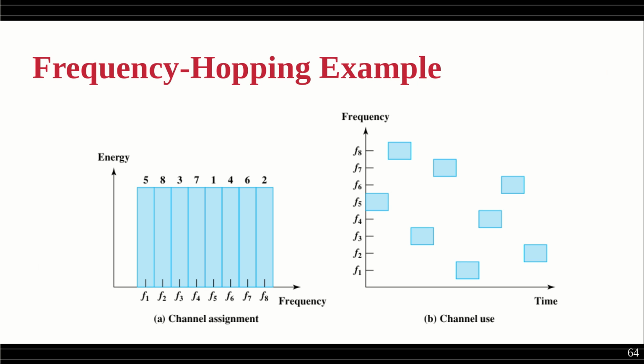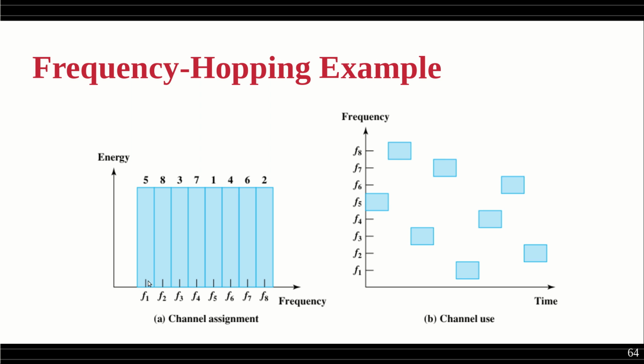With this figure, let's try to understand how the concept works. Here we have a frequency energy diagram, some kind of channel assignment. This is frequency 1, allocated for a particular communication. In normal communication, every signal will be allotted a particular frequency.